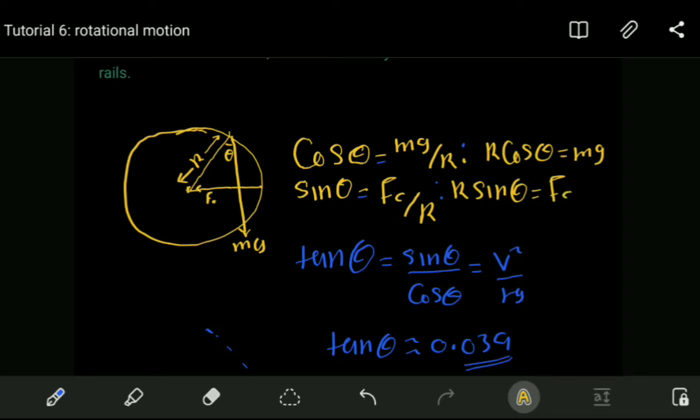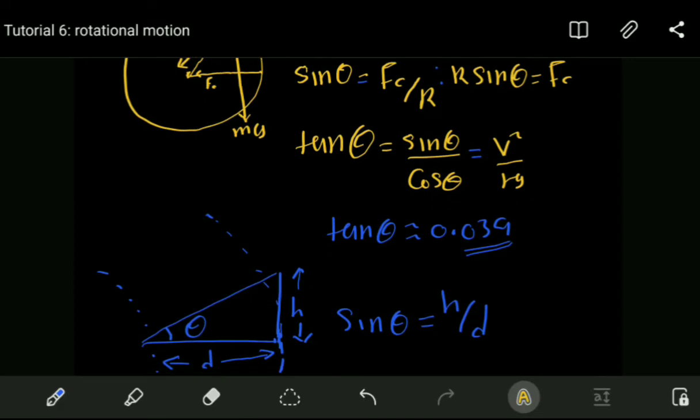So if we divide the second one by the first, we are going to have tan theta giving us sin theta over cos theta, and we remain with v squared over rg. We know what v is.